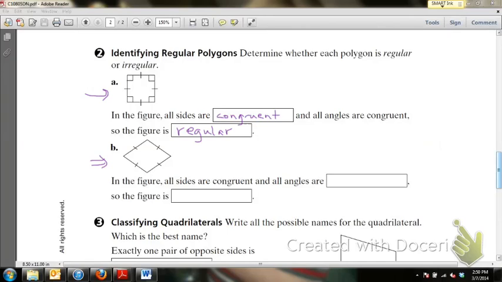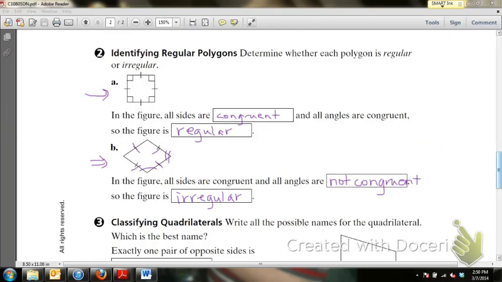In B here, all the sides are congruent and all the angles are not congruent. Because you can see that this is a really small angle, but this is a really big angle. So the figure is going to be irregular because all the sides and all the angles have to match.